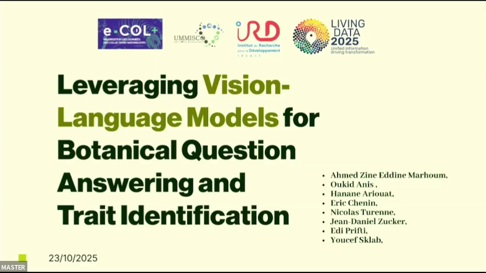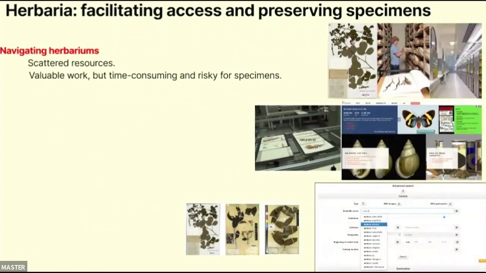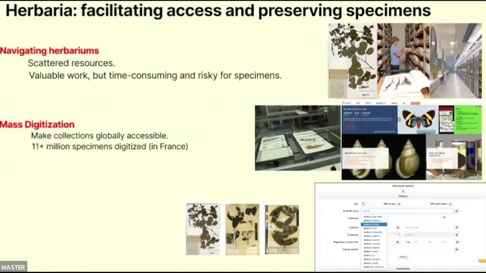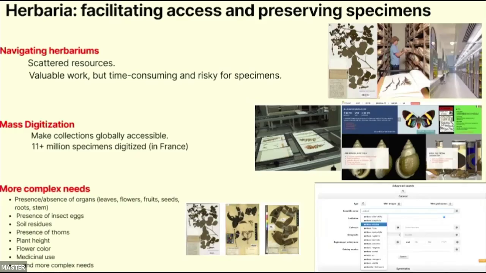In this study, we focus specifically on herbarium collections. Herbarium collections are scientific treasures, some dating back centuries. Thanks to digitization efforts, millions of specimens are now accessible online. But while the images are available, the associated metadata is often minimal: species name, collection date, and occasionally location. This is not enough for modern scientific exploration.